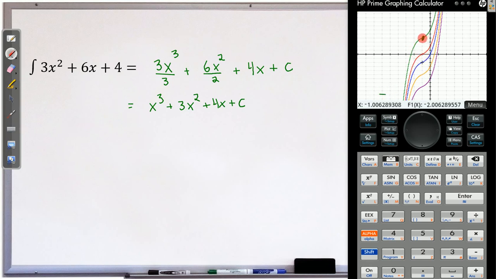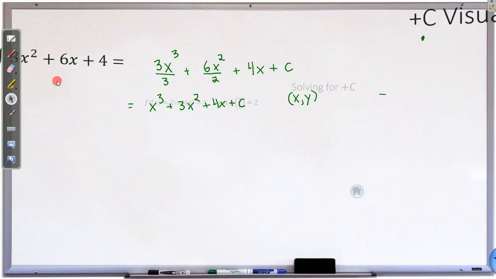And so if you take one point, there's only one graph that will go through that point. And so that is one way that we can solve for c, is if I tell you one point that the graph goes through, you can then get a number for c. So let me show you how that works here.